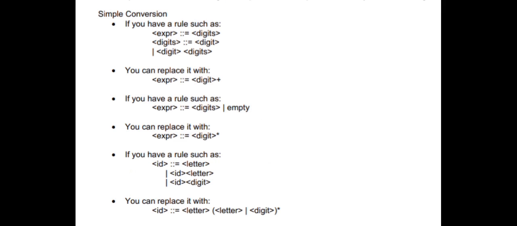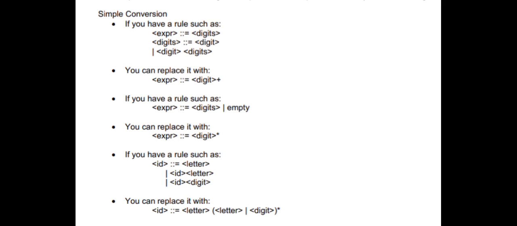more digits. Simple conversion. If you have such a rule as expression ::= digits, digits ::= digit | digit digits, you can replace it with expression ::= digit+. If you have a rule such as expression ::= digits | empty, you can replace it with expression ::= digit*.